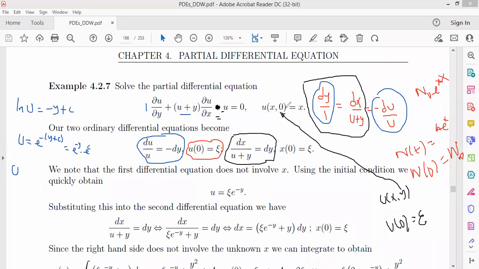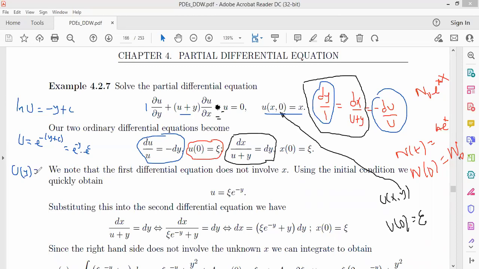U of x, y, but y is 0, is x. But this u of 0, which we are taking to epsilon, is now the one I am talking about here, because what I have is in terms of y only. So I have a certain u, which is a function of y alone.